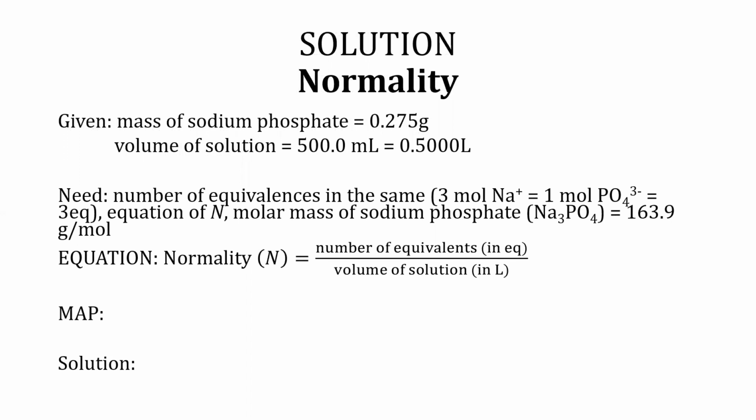It is given that the mass of sodium phosphate is 0.275 g and the volume of the solution is 500.0 mL, which is 0.5000 L. What is needed is the number of equivalents in the sample, and since there are 3 moles of Na+ ions, which equals 1 mole of PO4 3- ions, or 3 equivalents in 1 mole of sodium phosphate. One also needs the equation for normality, and the molar mass of sodium phosphate, which is 163.9 grams per mole.